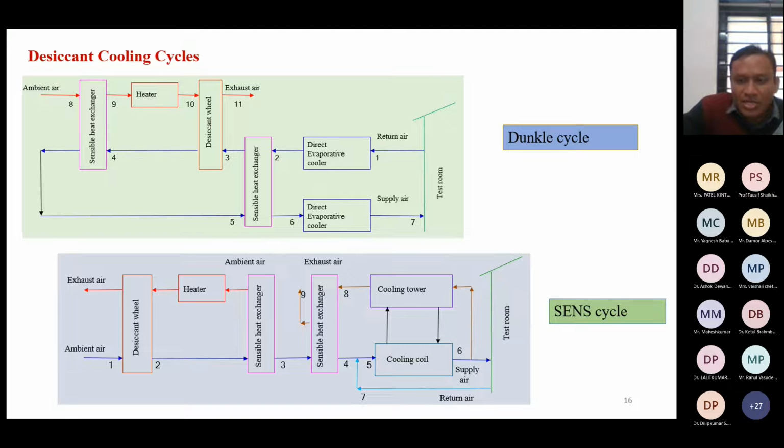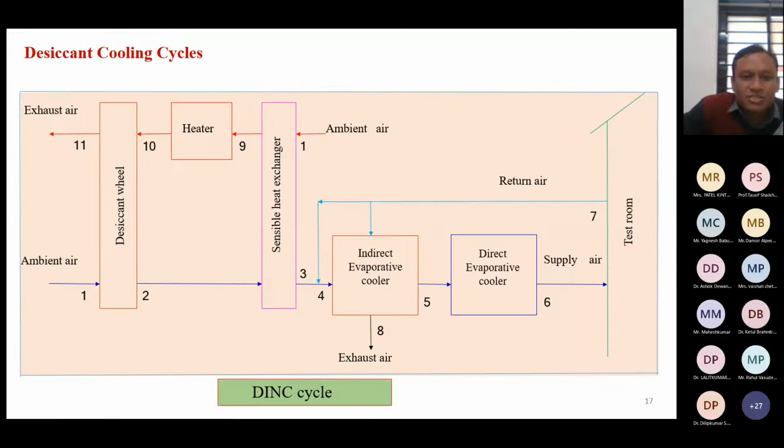Then there is the Dunkel cycle, then the sensible cycles, then the direct indirect evaporative cooling cycles. These are the types of desiccant cooling systems. This will be explained in detail and continued by Jani sir.